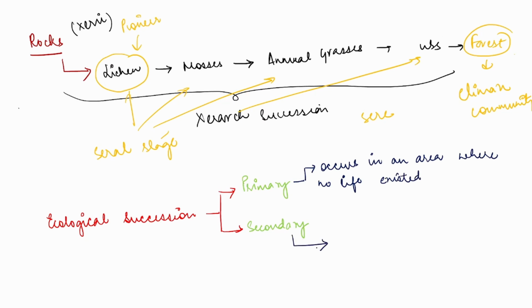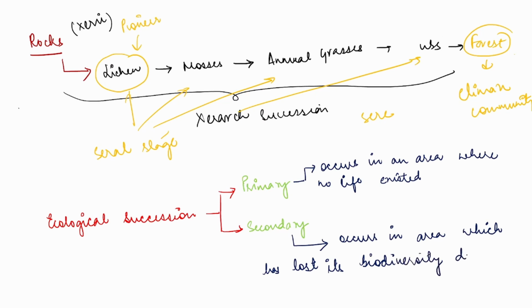But what is secondary succession? It occurs in an area which has lost its biodiversity due to some natural calamities, like flood, cyclone.